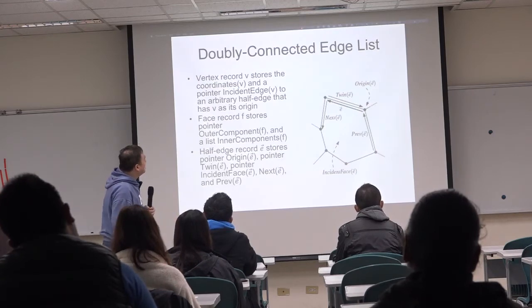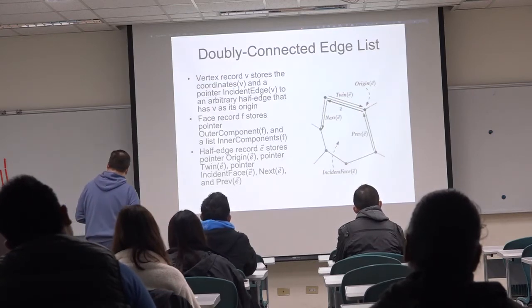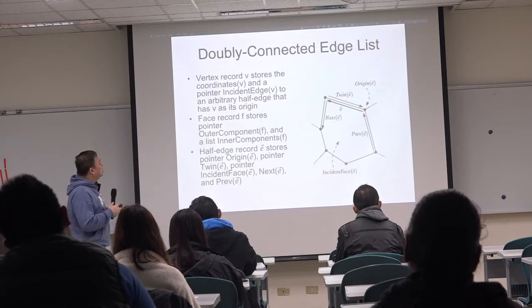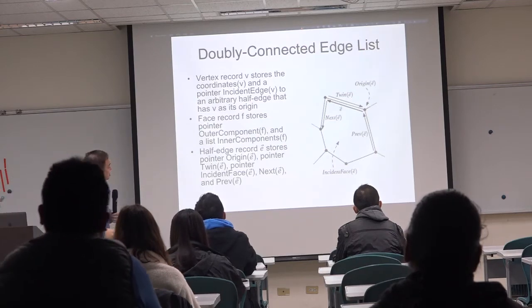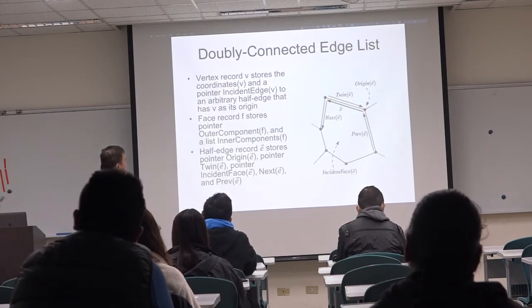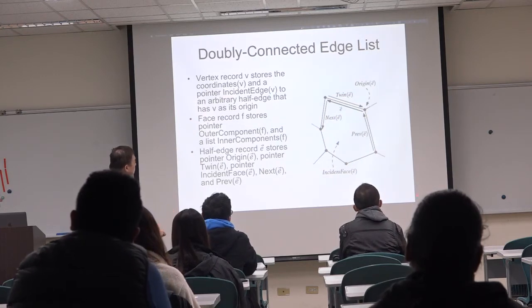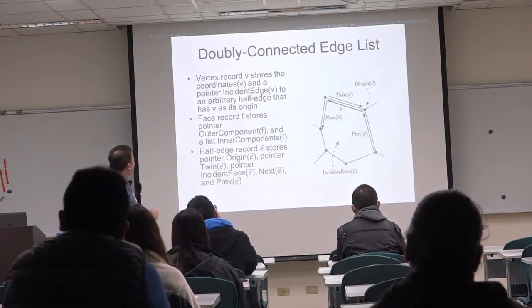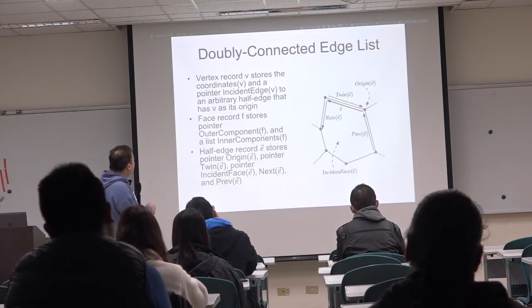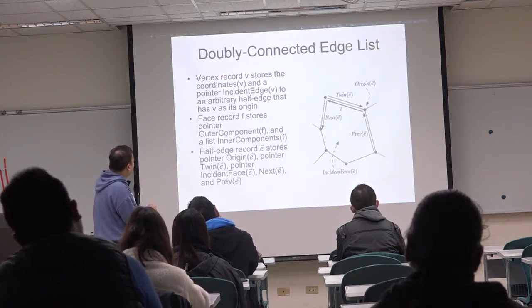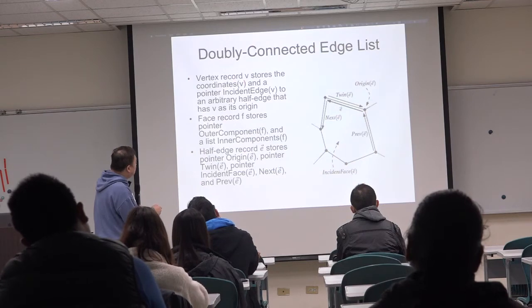Let me first introduce a couple of notations. In a doubly connected edge list, say we have a subdivision like this. Vertex record V. What does it store?